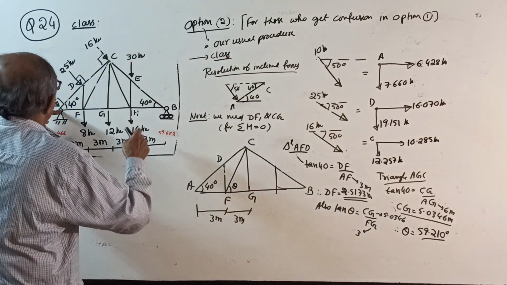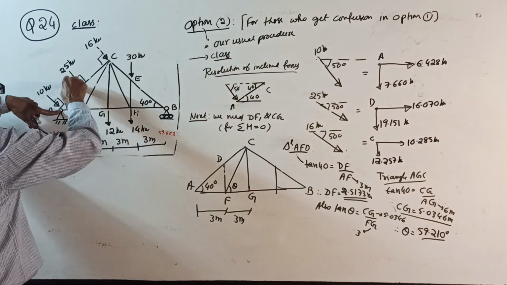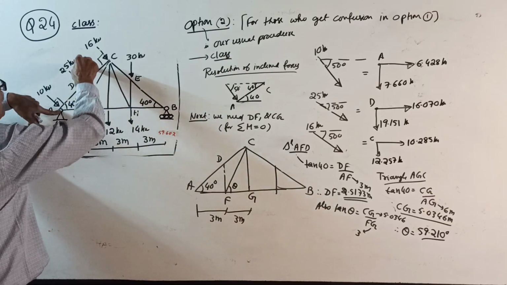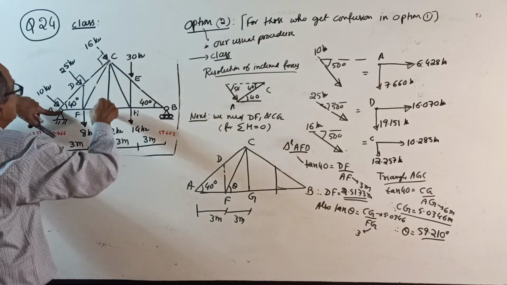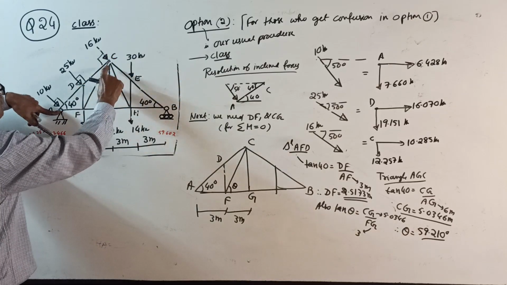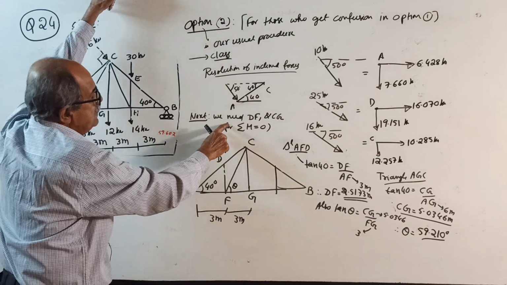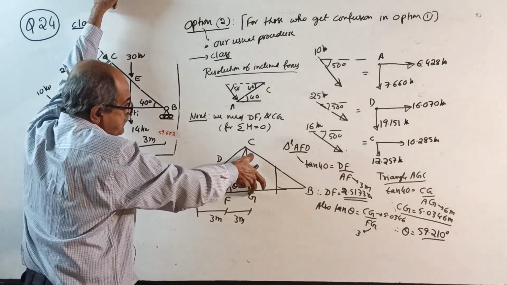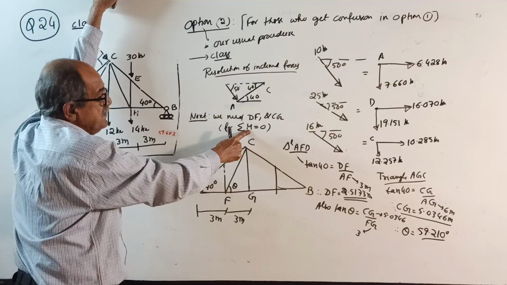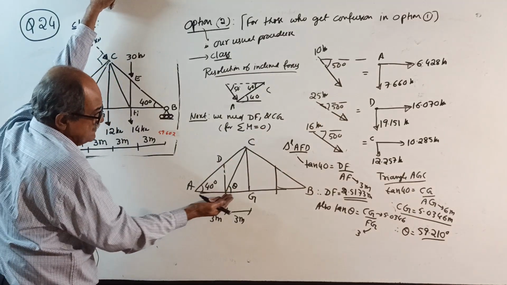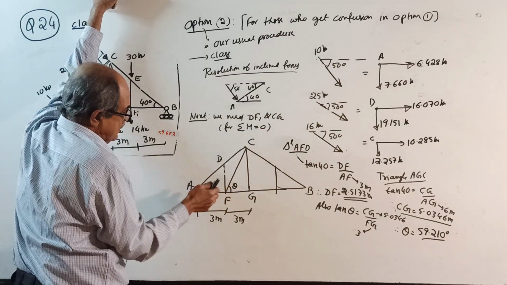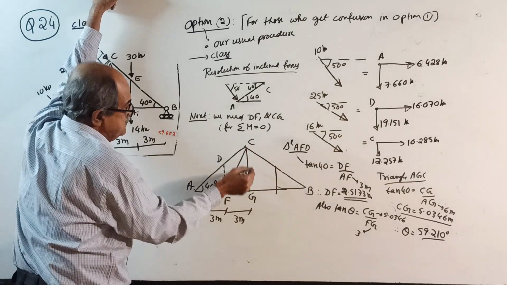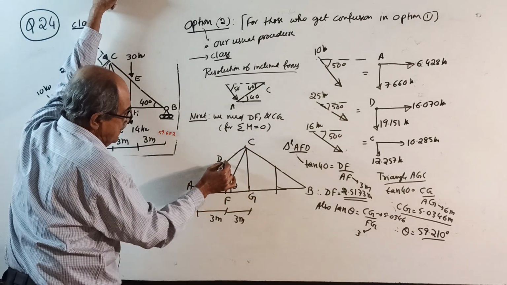Now make a note. When you take moment now, horizontal force into vertical distance is required. So you require DF and CG. We need these DF and CG for taking moment, sigma M0. Same as last time, consider the triangle ADF first.